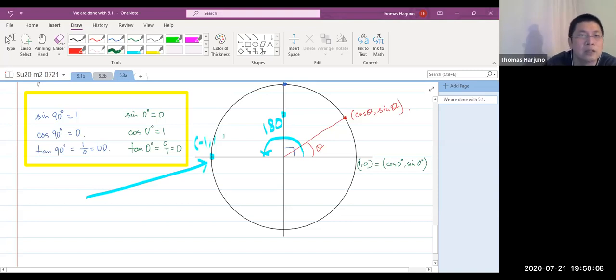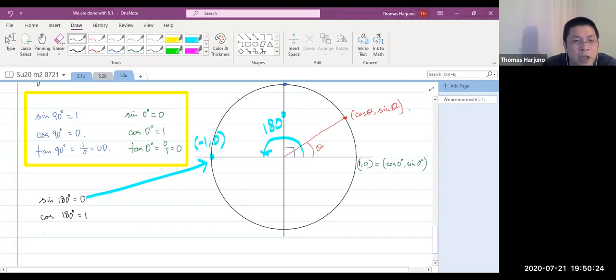So sine 180 degrees is the y component, cosine 180 degrees is the x component, and tangent 180 degrees is y over x.